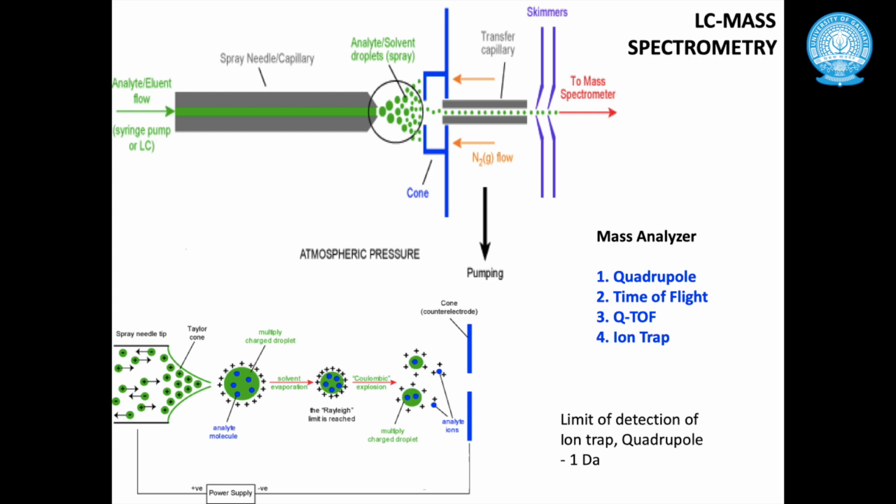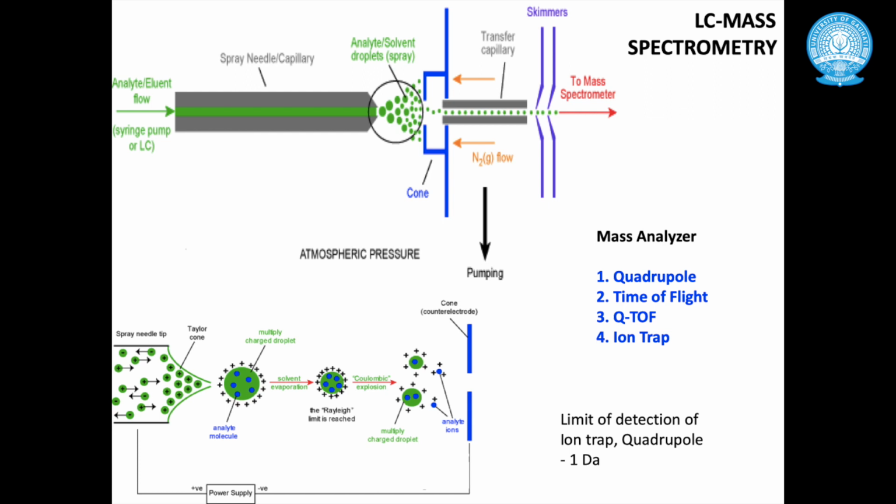These analytes are guided by an alternating electric field and pass through a transfer capillary. When they pass through the transfer capillary, each analyte is separated depending upon its mass. After this, it passes through a lens or separator or skimmer, which will not allow two ions or charged analytes to cross at the same time.